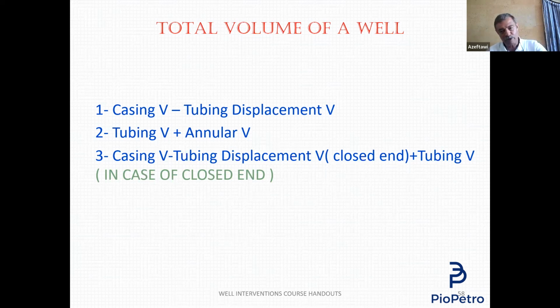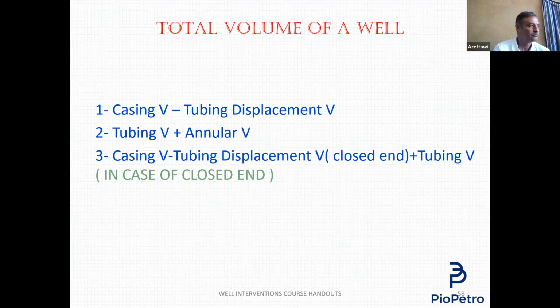Let's go back to our well. It is full of water now, 500 barrels, and I'm now running the production tubing, but I'm running it closed in, like a plug. I have a plug at the bottom. Let me run it now. After I finish running, my question is: how many barrels of water are out?